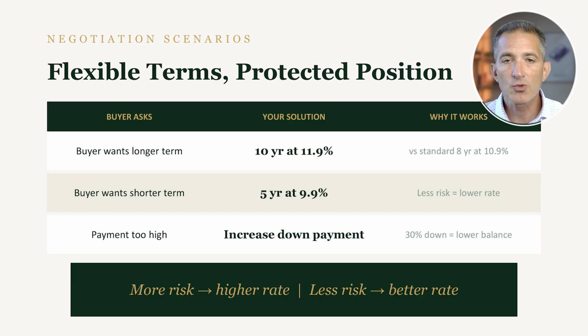If a buyer struggles with the monthly payment, adjust the down payment. A higher down payment means a lower loan balance, which means lower monthly payments. For example, 30% down instead of 20% significantly reduces the monthly obligation. You could also extend the term slightly to lower the payment, though as I mentioned, I prefer shorter terms.